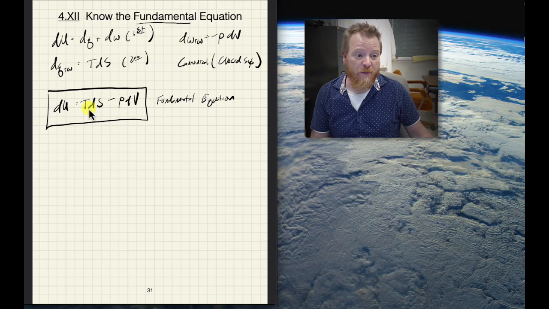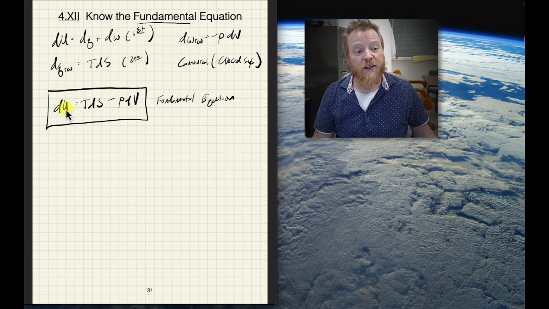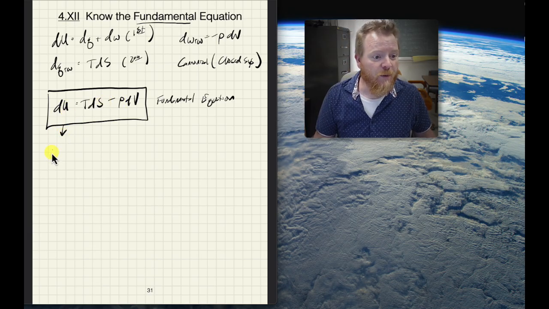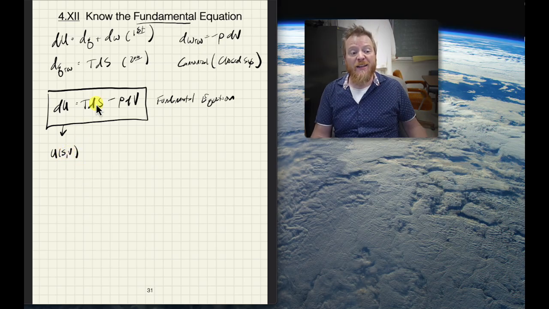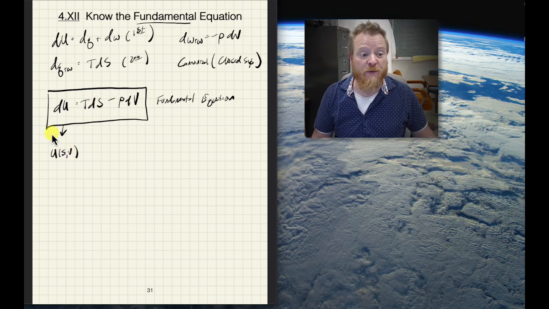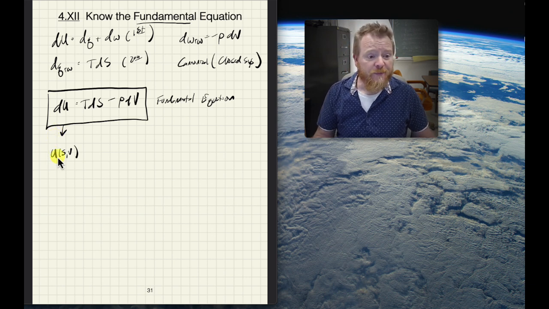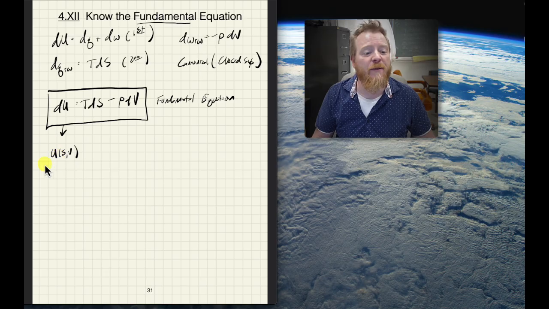Well, what we learn here is U is a function of S and V. Okay, so we might not have learned that right away, but we can see that entropy and volume are the natural variables for internal energy. And we can play an even cooler game here, noting that U is a state function.